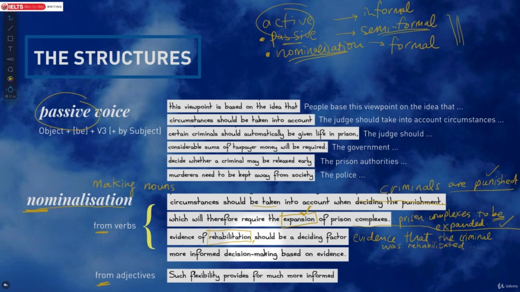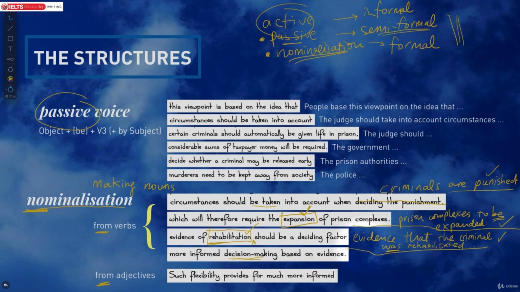So that stays the same there. So evidence that the criminal was rehabilitated or is rehabilitated should be a deciding factor. Okay, passive voice, semi-formal, acceptable, but of course, rehabilitation, even better. More informed decision making. Okay, you can see the verb sitting in there based on evidence.